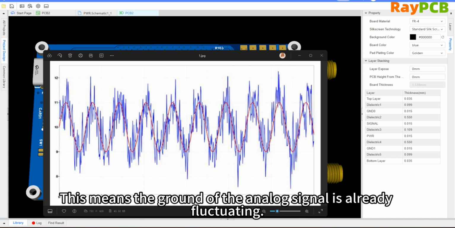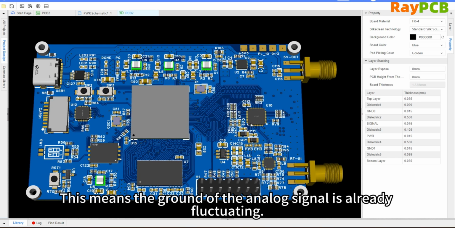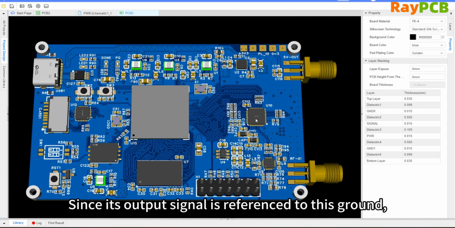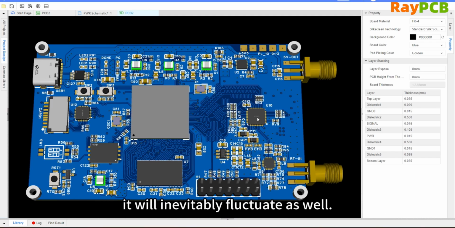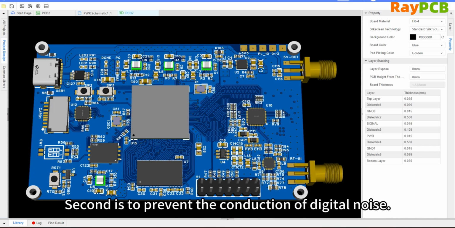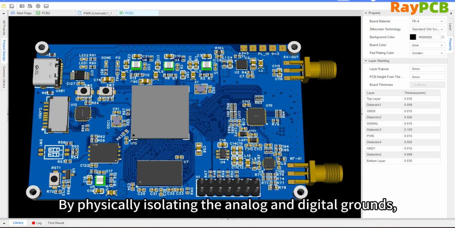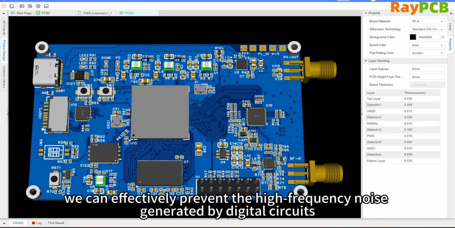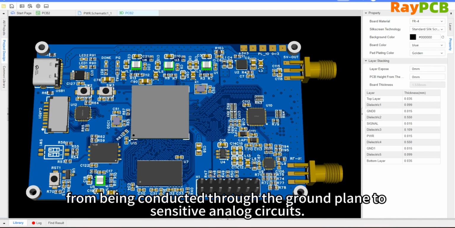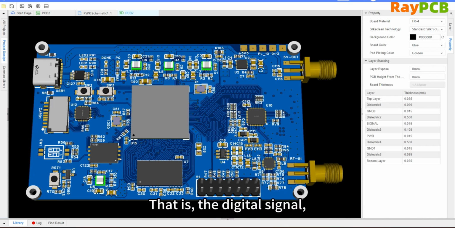In other words, the ground of the analog signal will already be fluctuating. The output signal is referenced to the ground, so any fluctuation in the ground will inevitably cause the output to fluctuate as well. Secondly, it's to prevent the conduction of digital noise. By physically isolating the analog ground and digital ground, we can effectively prevent high frequency noise generated by digital switching from being conducted through the ground plane to the sensitive analog circuits.